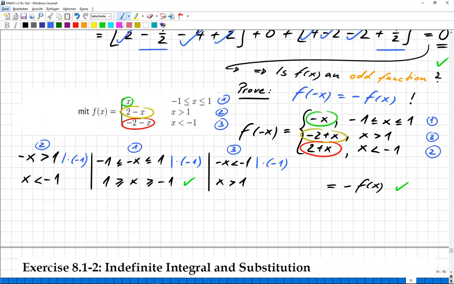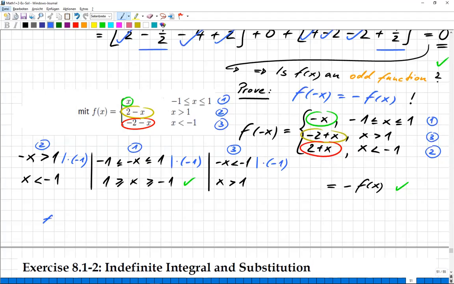Okay, but no, that's wrong. This one. Is it? No, it's not. Yeah, that's it. Okay.